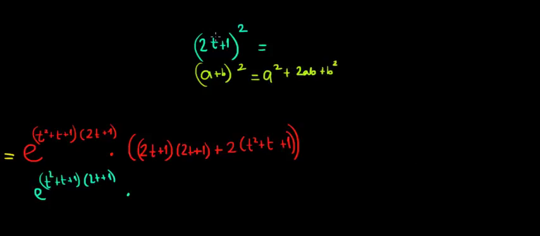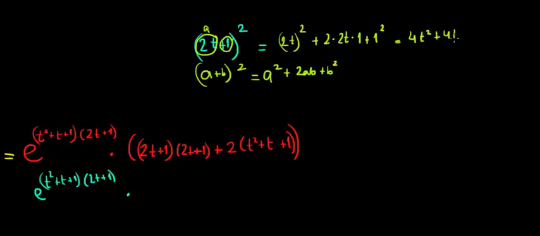That's like a property. So here we have our a, here we have our b. If we substitute that, we will have 2t squared, 2 times 2t times 1 plus 1 squared. 2t squared is just 4t squared plus 4t plus 1. So this is the result of this product, and we can write it here.